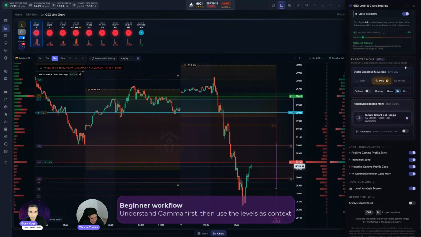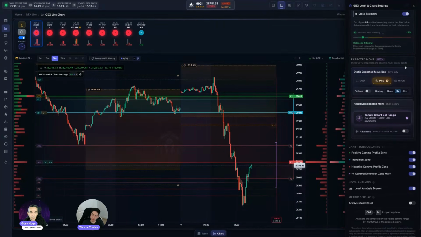So the first thing I would recommend any new futures trader do is wrap your head around Gamma or GEX exposure and how the environment that we're in can potentially change behaviors in the underlying or the futures market that we're currently trading.